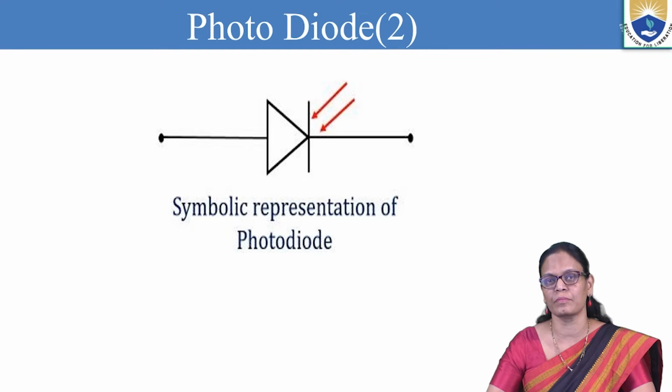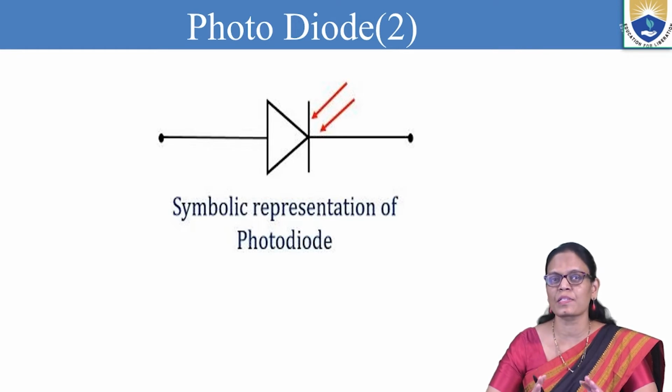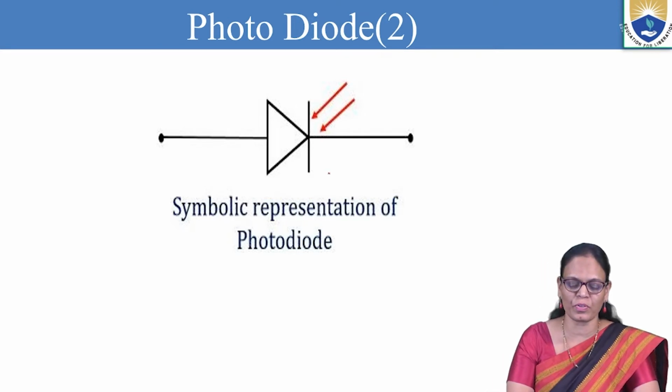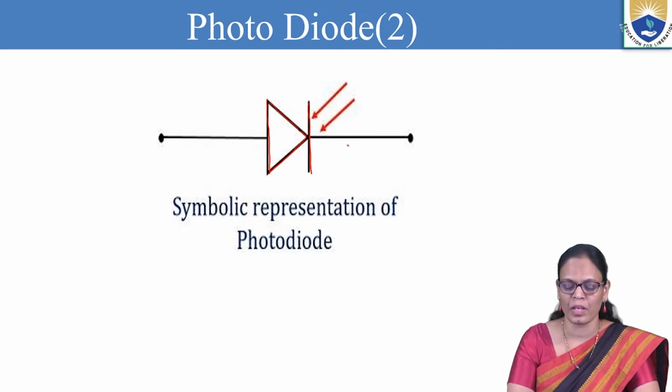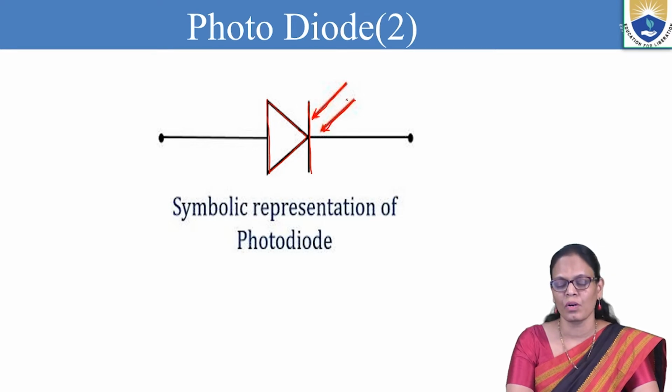Now coming to the symbol. Whenever we draw a circuit, how do we represent a photodiode? We have a symbol used to represent a photodiode. The symbol for the photodiode is a triangle with a vertical line, and there are two arrows pointing towards the junction. These two arrows represent that light is incident on the junction.